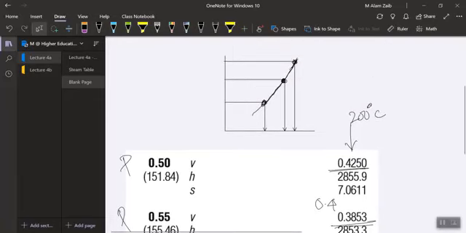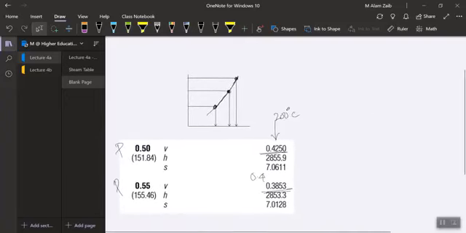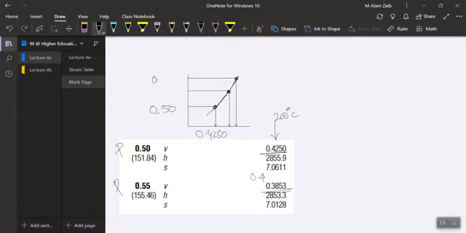It's the same thing we did in the previous example. We have a pressure of 0.5 megapascal, corresponding to which we have a volume of 0.4250, and a pressure of 0.55, corresponding to which we have a volume of 0.3853.